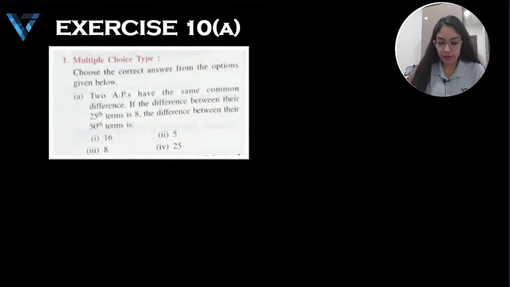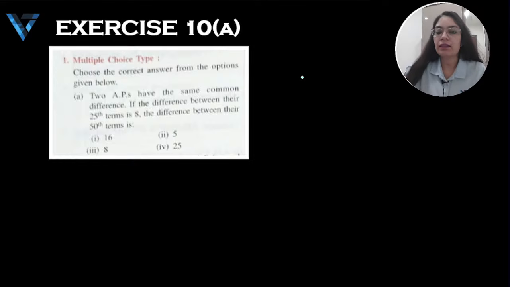So what's the question here? Two APs have the same common difference.